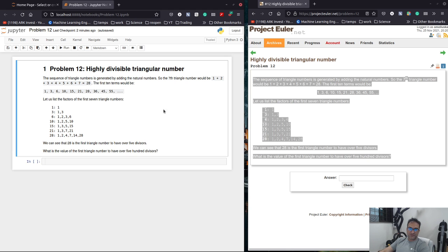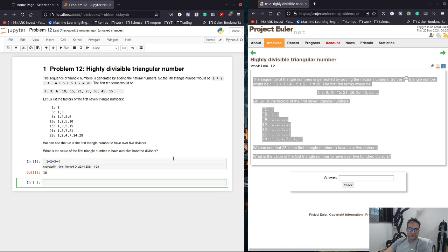So the triangular number looks like this. It is 1 plus 2 plus 3 plus 4. That would be the triangular number for 4. So if you have a triangular number, let us say that you have a number n equals 4.